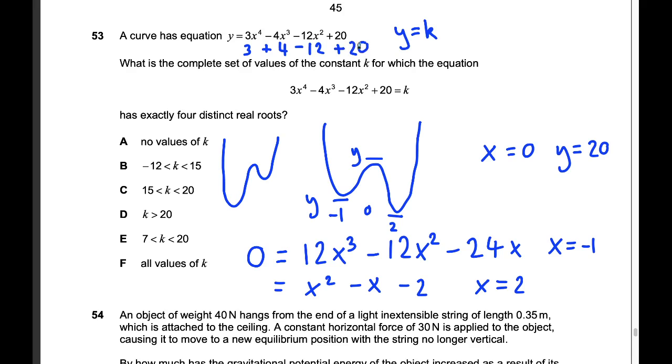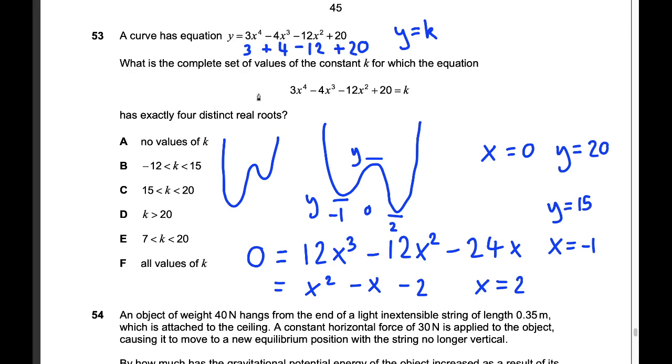Okay, so a quick way of doing that is just if it's an odd number on the power, it's going to be a minus 1. If it's an even number on the power, it's going to be a plus 1. That's how I always do it. So 7 plus 20 is 27, take away 10 is 17, take away 2 is 15. So this one is y equals 15.